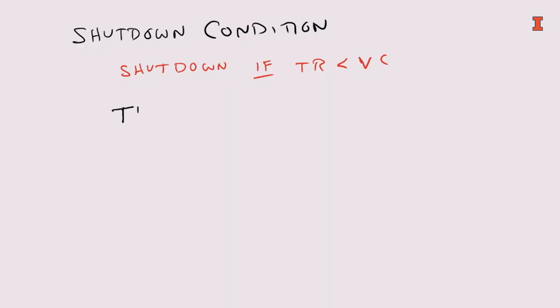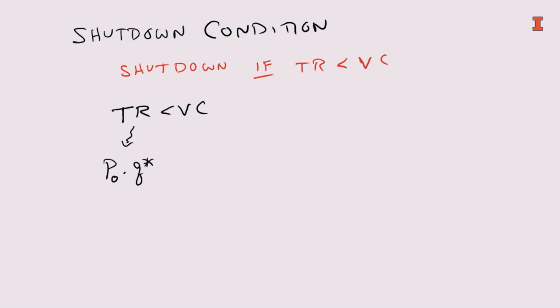Well, we want to make this a little bit easier, so we're going to rewrite it. We're going to rewrite total revenue less than variable cost. I know total revenue is just price times quantity, right?